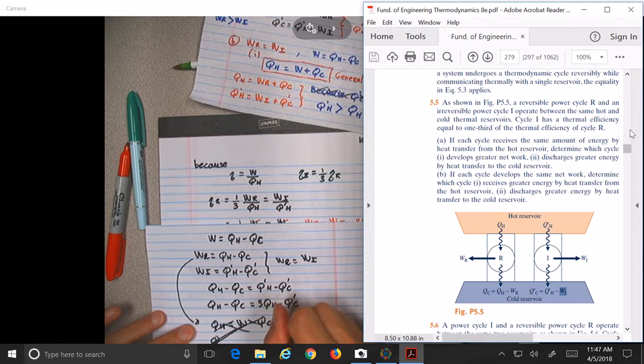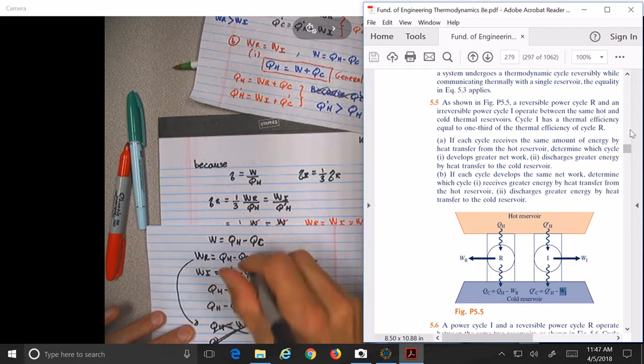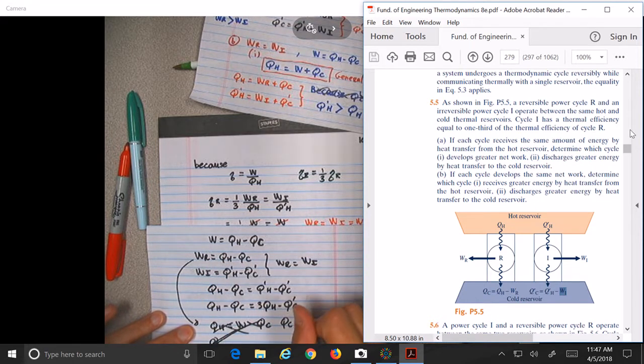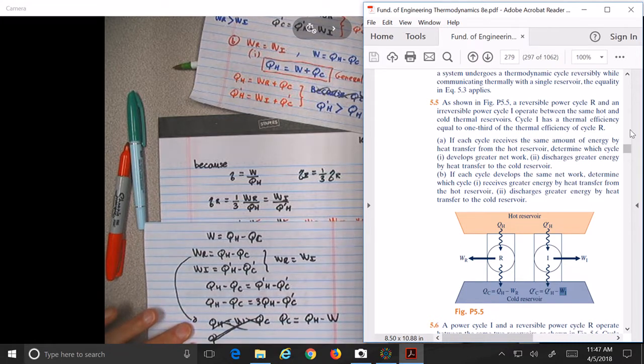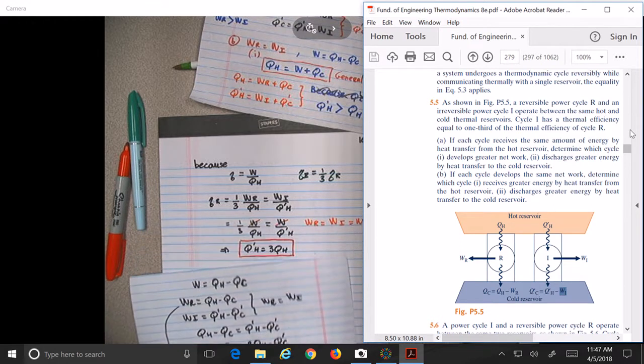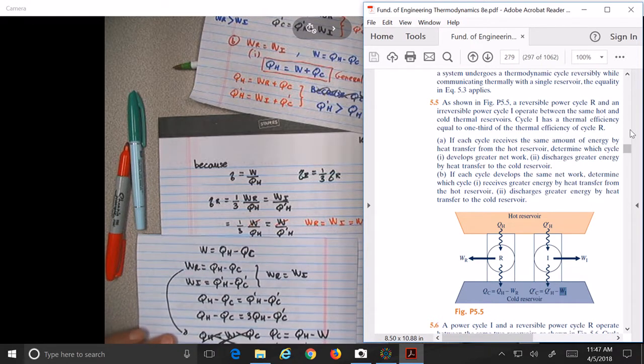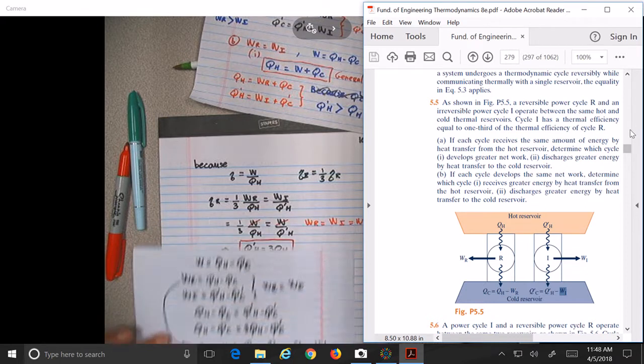Q sub C will be equal to Q sub H minus the work and we know, we just proved that Q sub H is 3Q. Okay, so I think we got it.